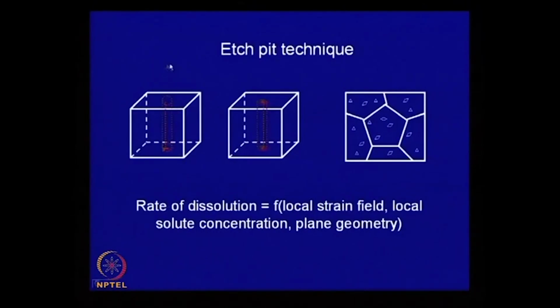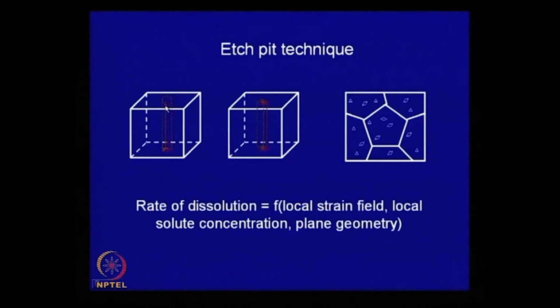Suppose there is a dislocation in a solid. It cannot just end; it can be an endless loop within, but it can intersect a surface. This is the end point of a dislocation.